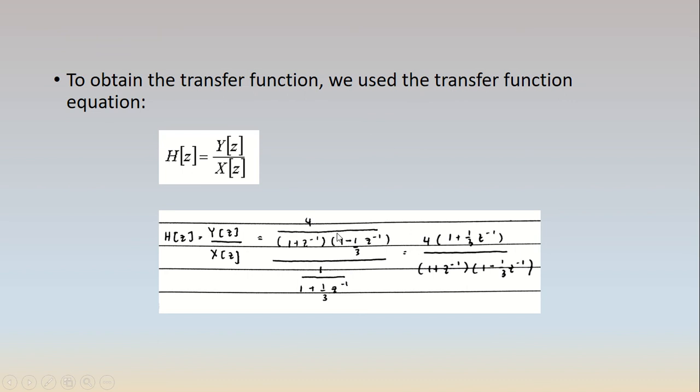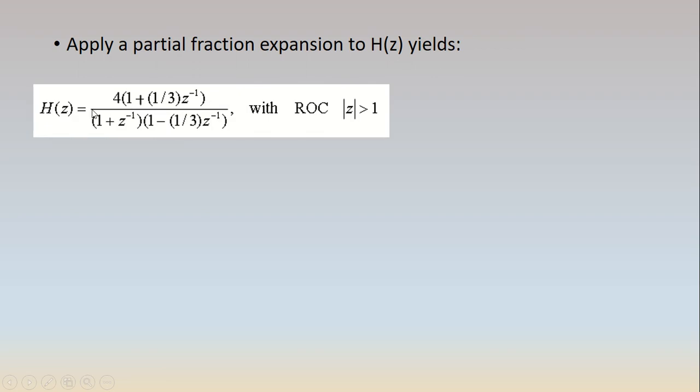So just expand and summarize it, and it will become like this. We know that as previously, H(z) is equal to this with ROC |z| > 1.